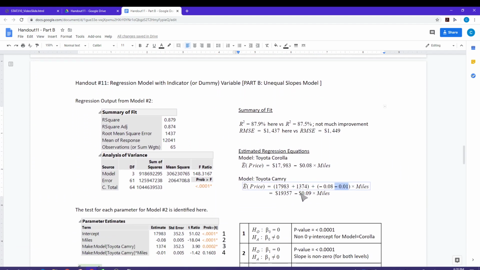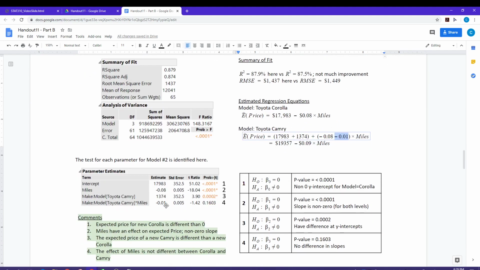The interpretation of this 0.01 is just the additional decrease in the price per mile due to being a Camry. Okay, so let me say that one more time. The beta 4 hat in this model is just the additional decrease in price per mile because I am a Camry.